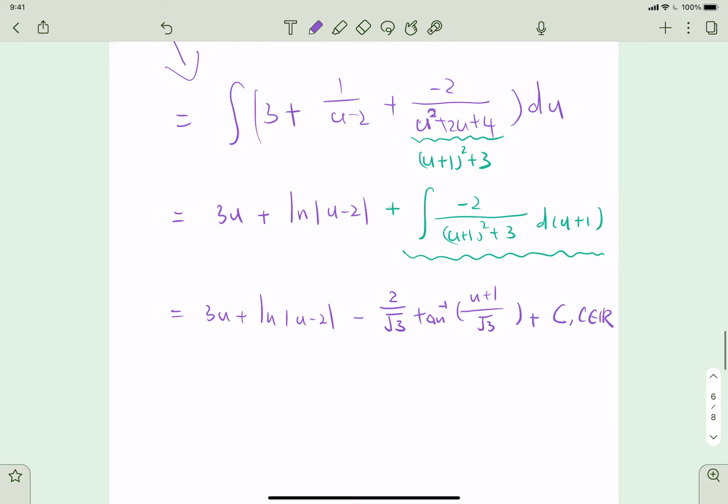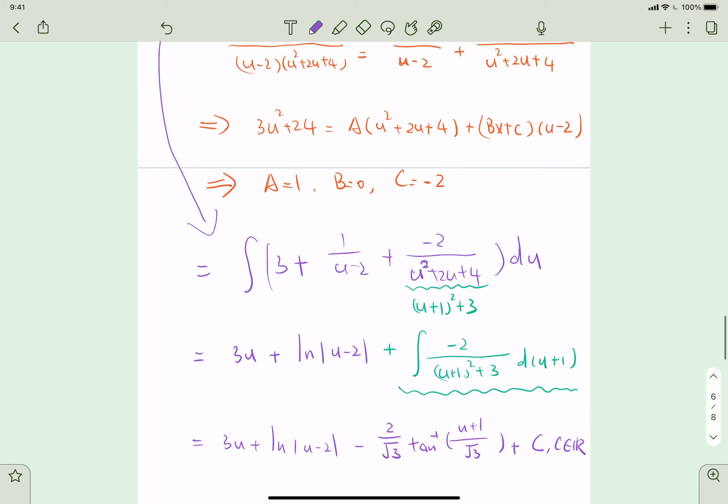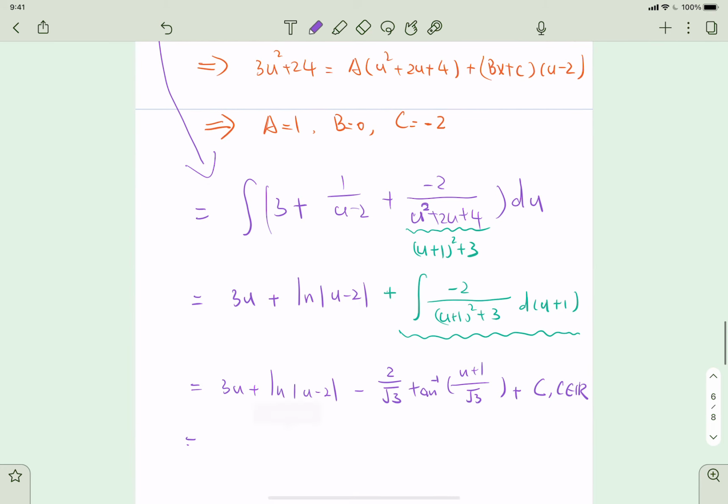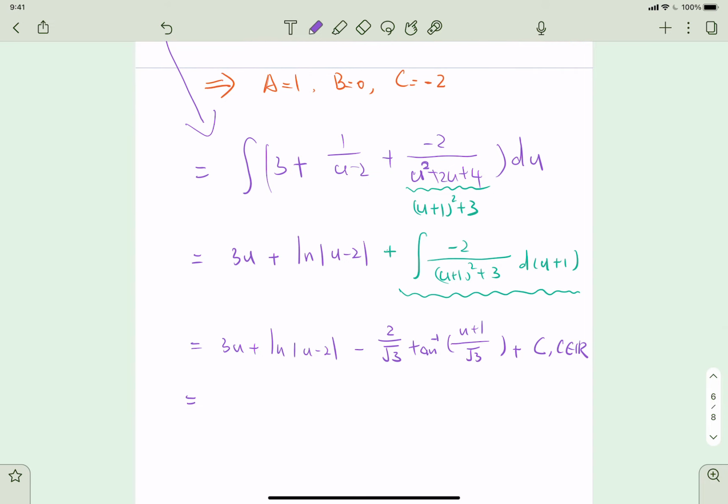Okay, the exact same type of integral here. But finally, we're gonna replace this back, right?